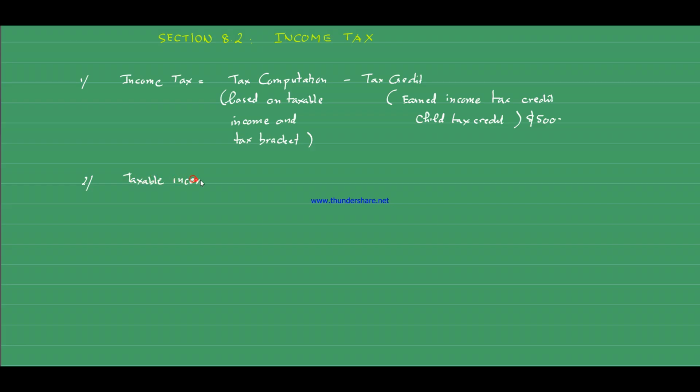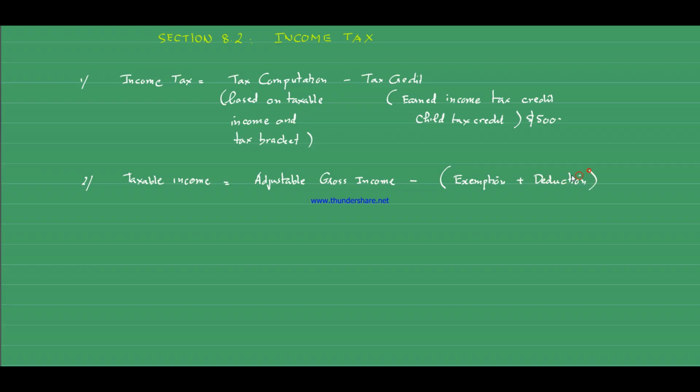You want to see how much income is taxable, and you can calculate it as the difference between the adjusted gross income, not just gross income but adjusted gross income, and you subtract the exemption and the deduction.